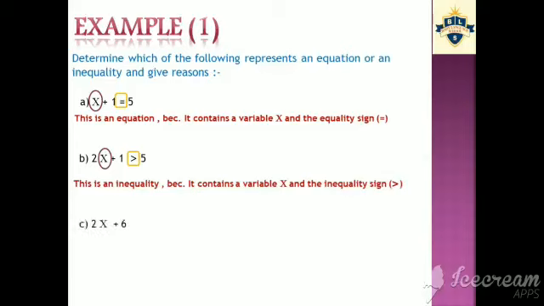Letter C, look at this example and tell what do you notice. You notice that there is no sign in the example. So do I consider this an equation or inequality?